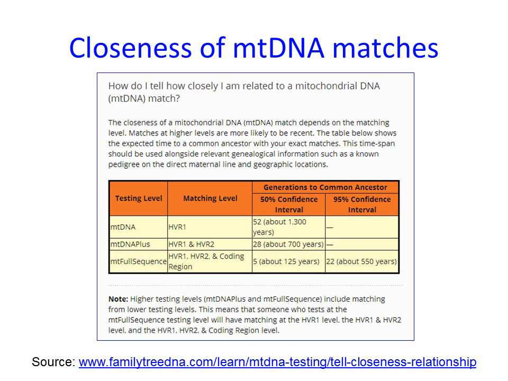And that also means that 5% of the time the match will fall outside that time frame, and those matches can sometimes go back a very long way. If you only do the basic mtDNA plus test, then only about 50% of those matches will fall within about the last 700 years. So that's not really very meaningful for genealogical research purposes.